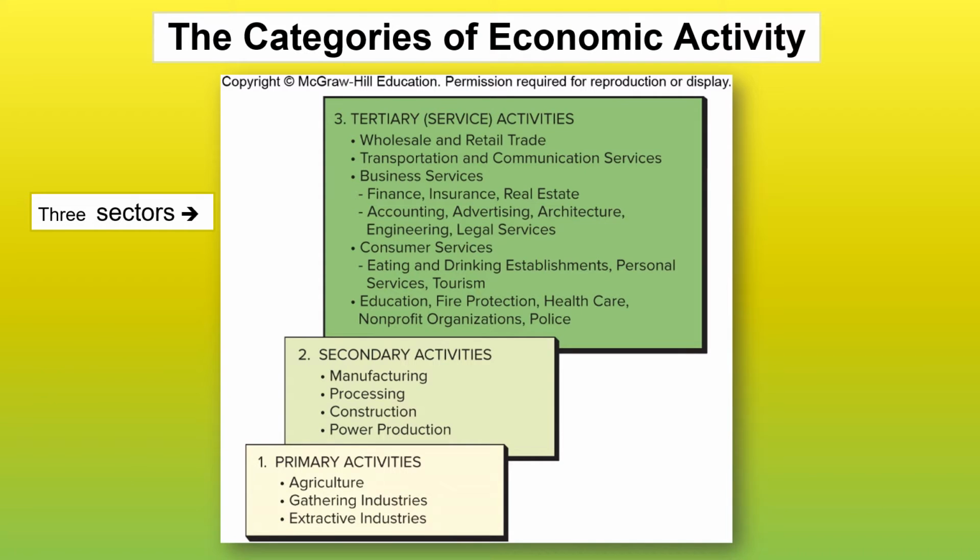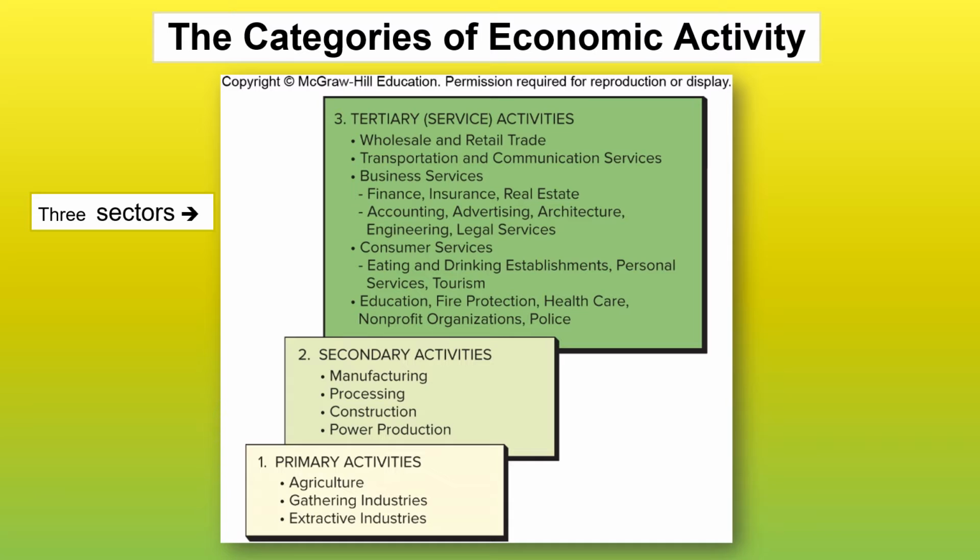Now, we need to take a look at the categories of economic activity. We have the primary activities, secondary activities, and the tertiary activities. We'll talk about the three sectors of the economy. Now, what's primary mean? Does primary necessarily mean the most important?